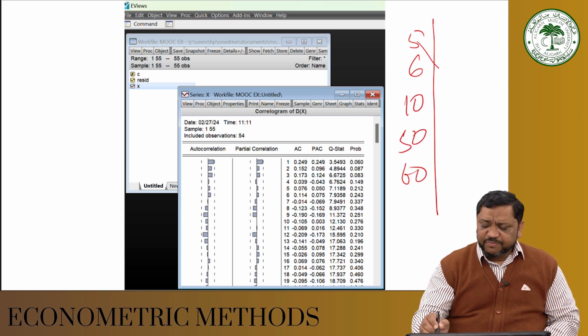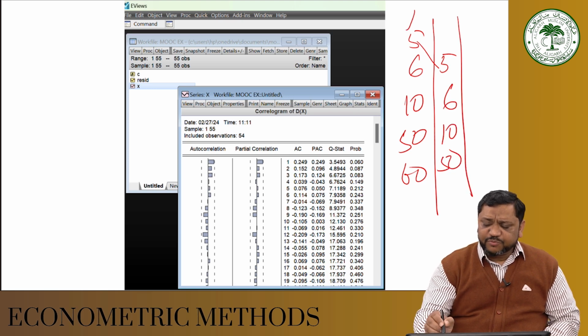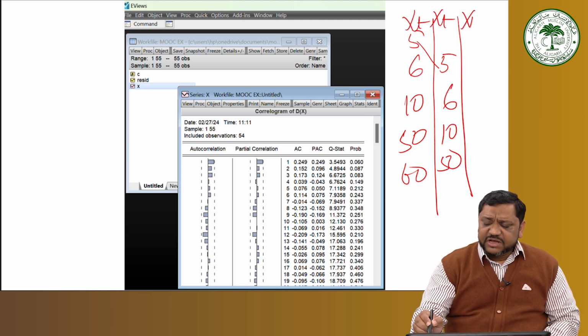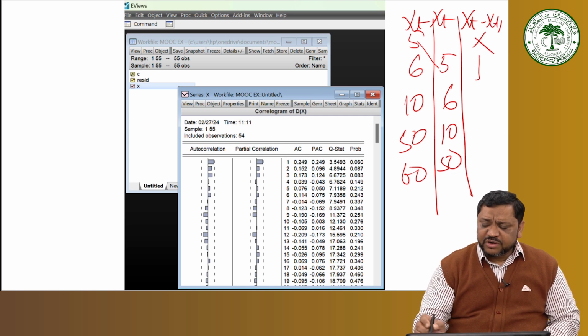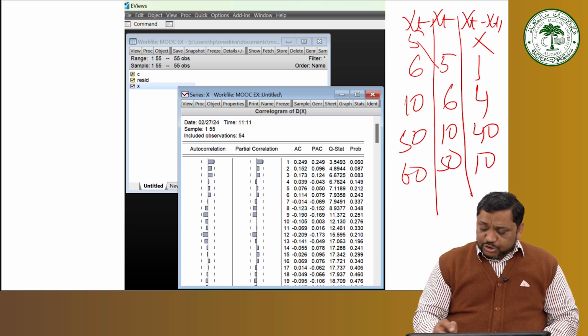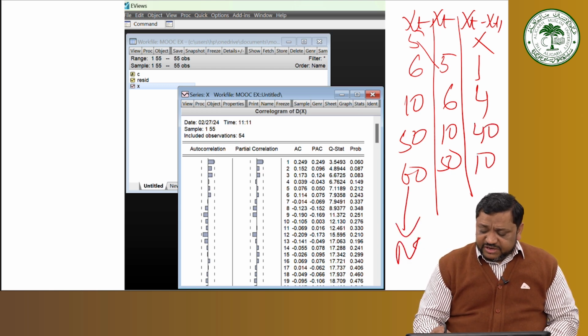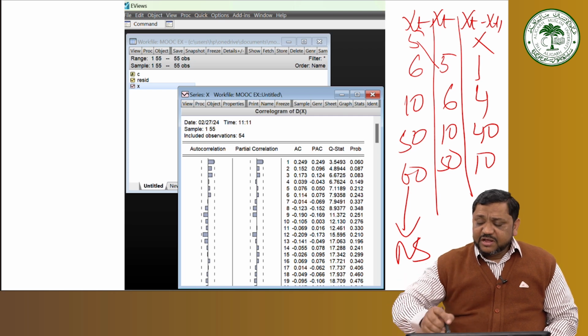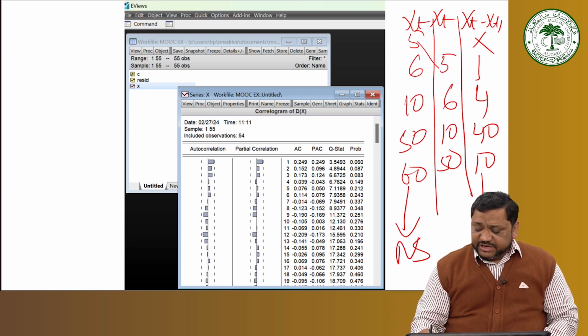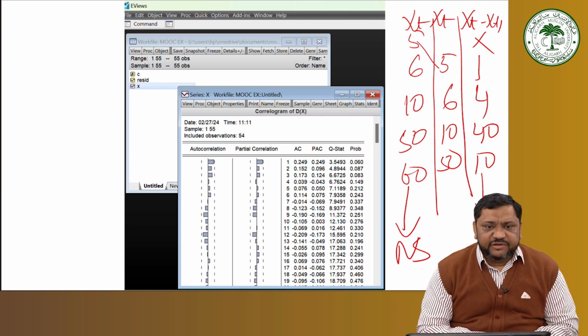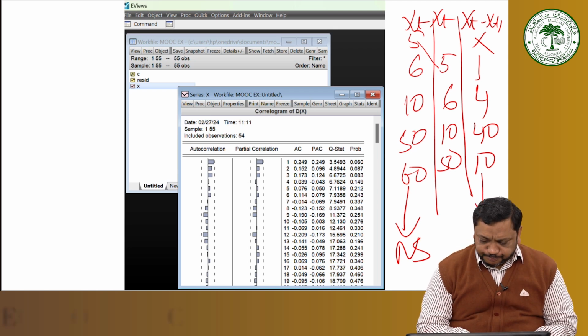I take a one-period lag, xt minus 1. The differences are 6 minus 5 is 1, 10 minus 6 is 4, 50 minus 10 is 40, and 10. So if this series is not stationary, we can make it stationary by doing the first order differencing.